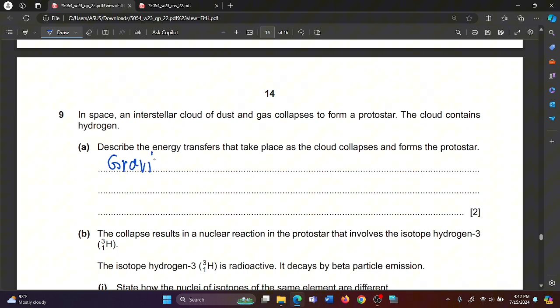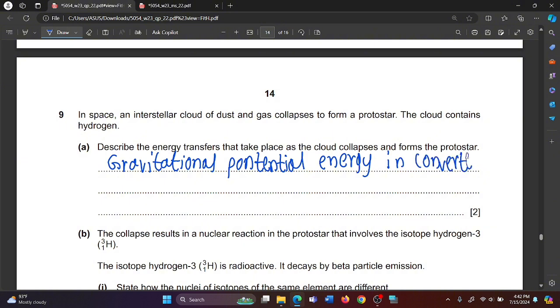Let's not write GPE, let's write the full form, gravitational potential energy is converted to... So we know when a protostar is formed, there is high pressure and there are high speed hydrogen nuclei at the core that is causing hydrogen fusion, or nuclear fusion.